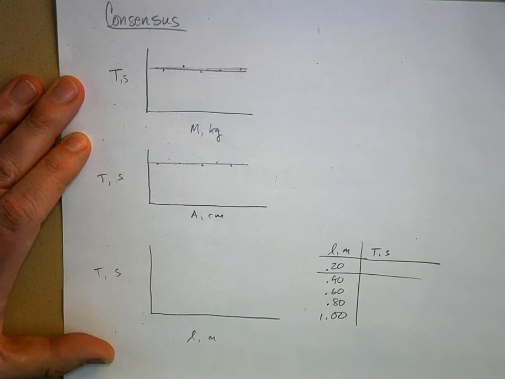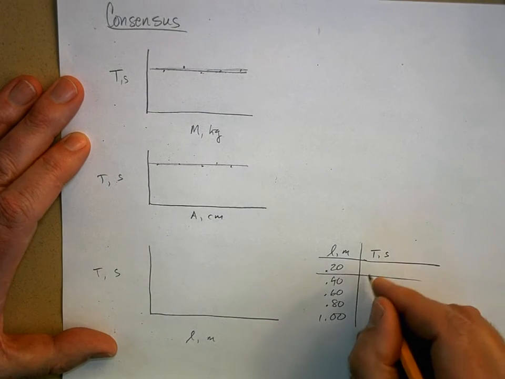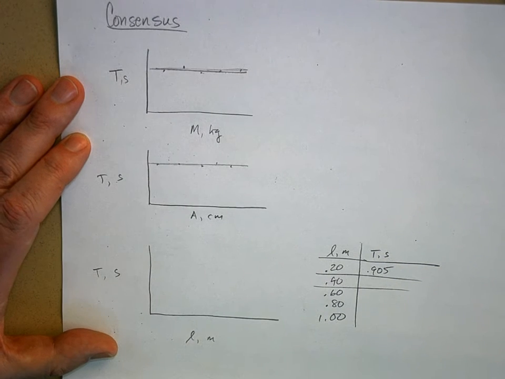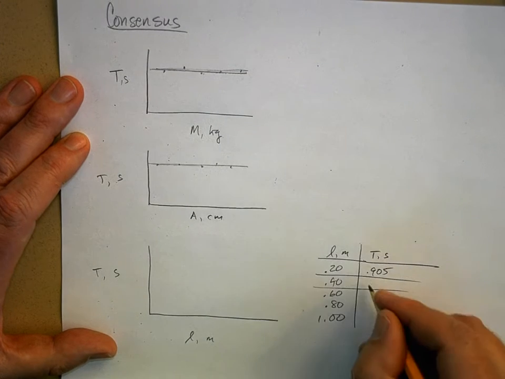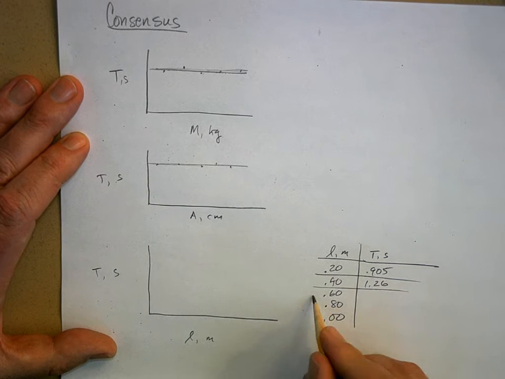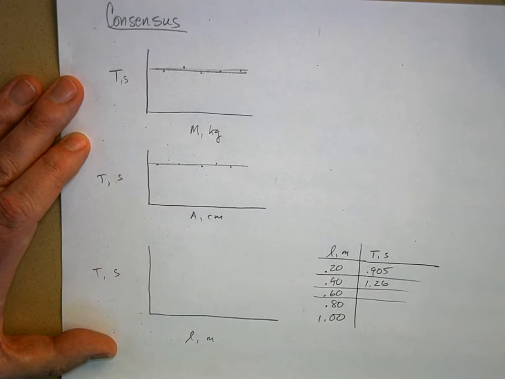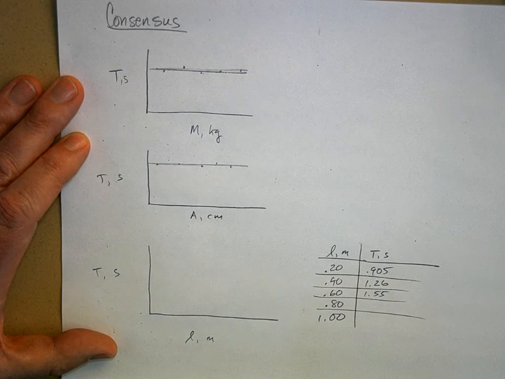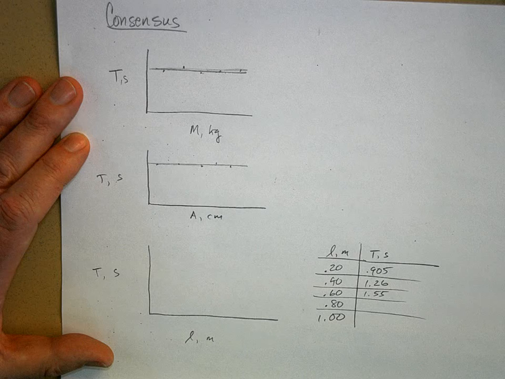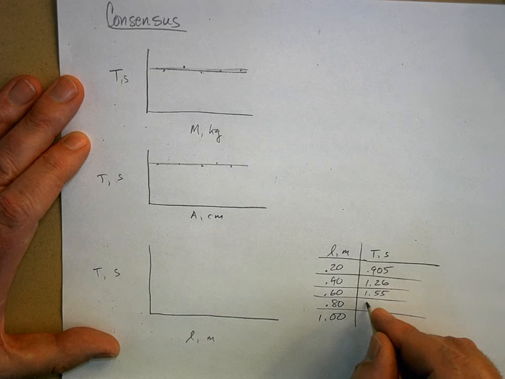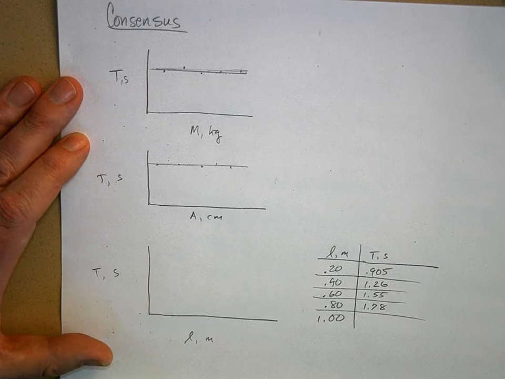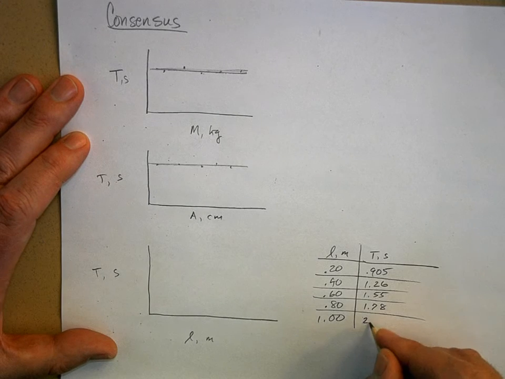0.905. 1.26. 1.55. 1.78. And then 1.995, I'm just going to call that 2.00.